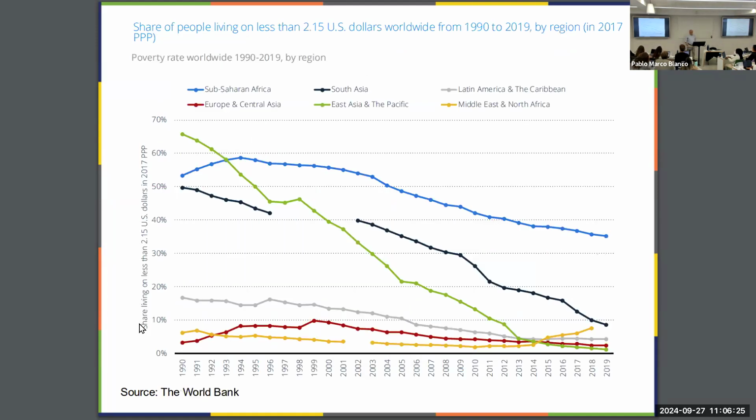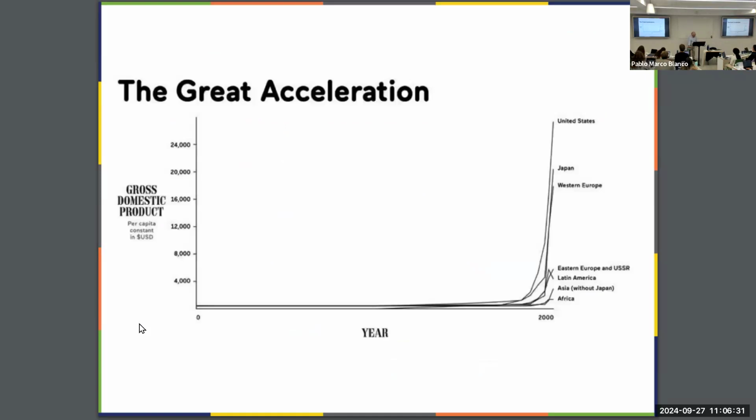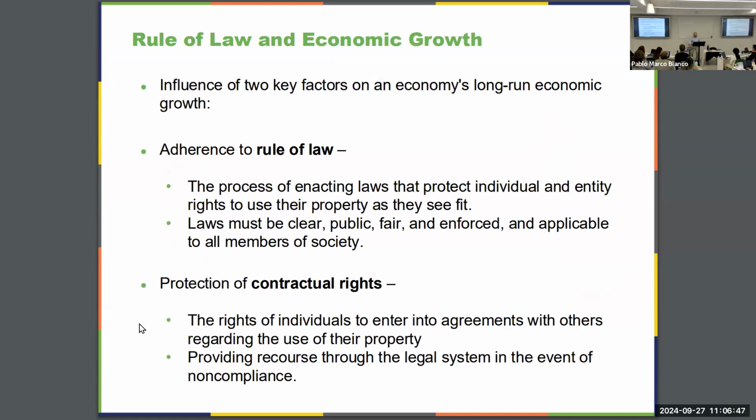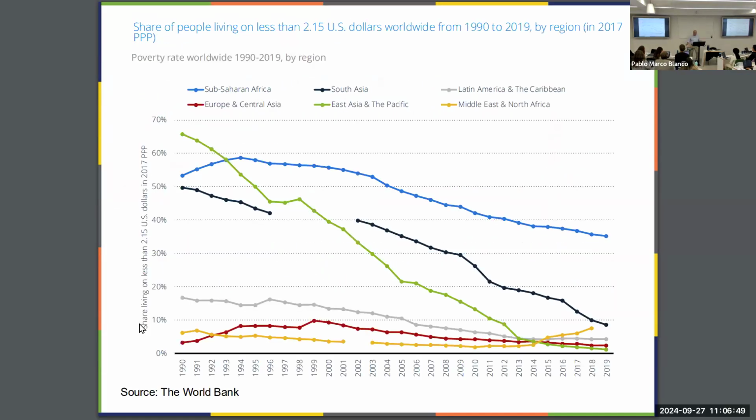This is poverty. And let me give you first the good news. Because of this graph over here, you understand that when we discovered the steam engine, we started to develop very quickly, and the GDP per capita of humanity started to increase. If that is the case, and we are still developing, then this is what happened with poverty.